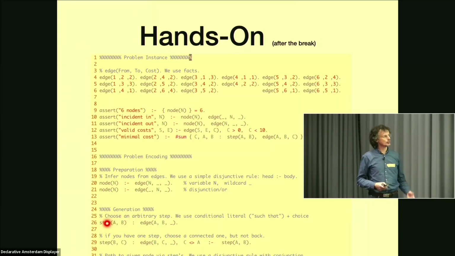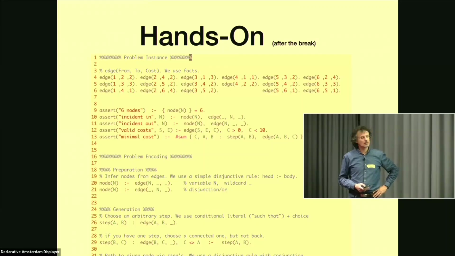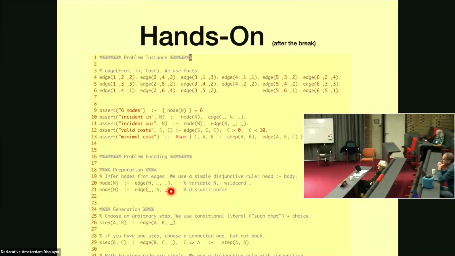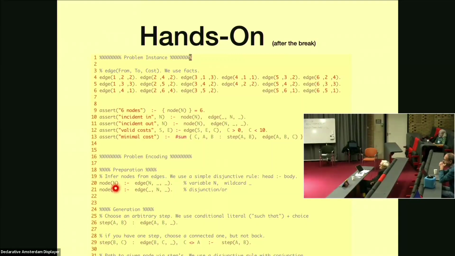Actually, this chooses one step to start with. So you could say the definition of a node n is that there's some fact edge with that n in it. Yes. Okay, all right, I understand. Node n is basically true or part of the model if there is an edge with n on that location. That's basically what it says, yeah.